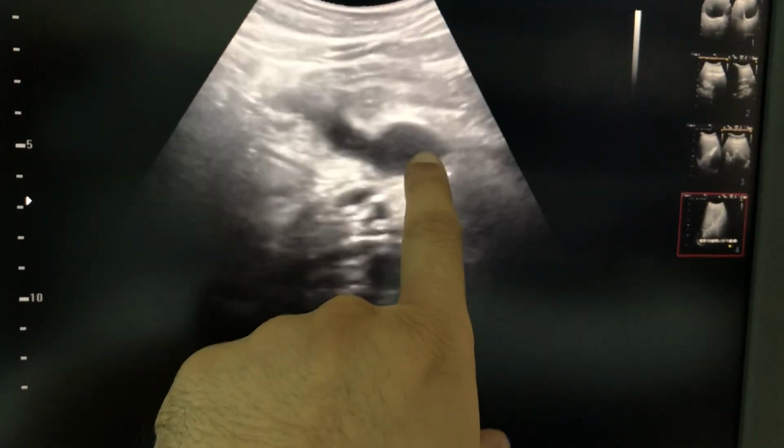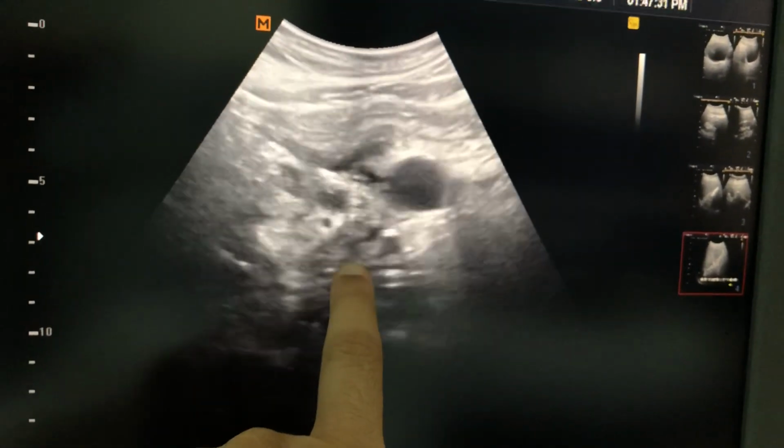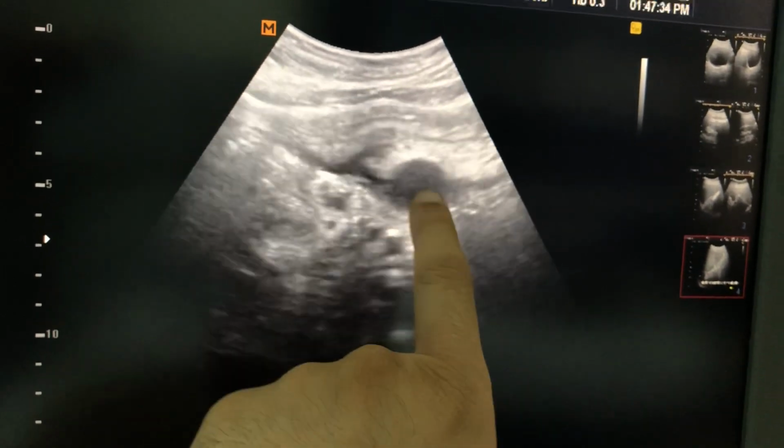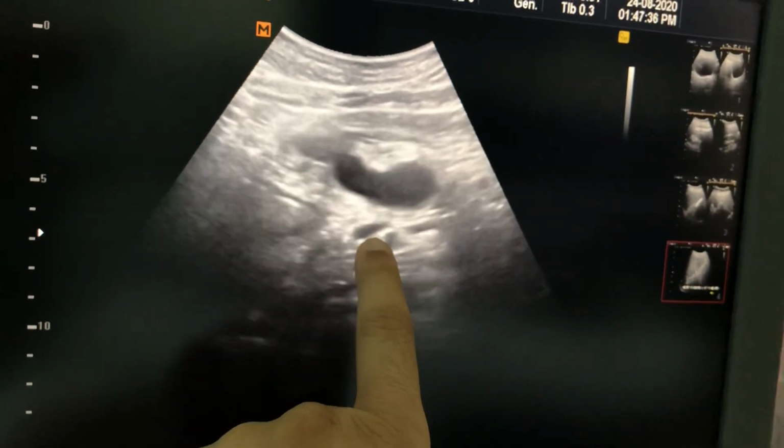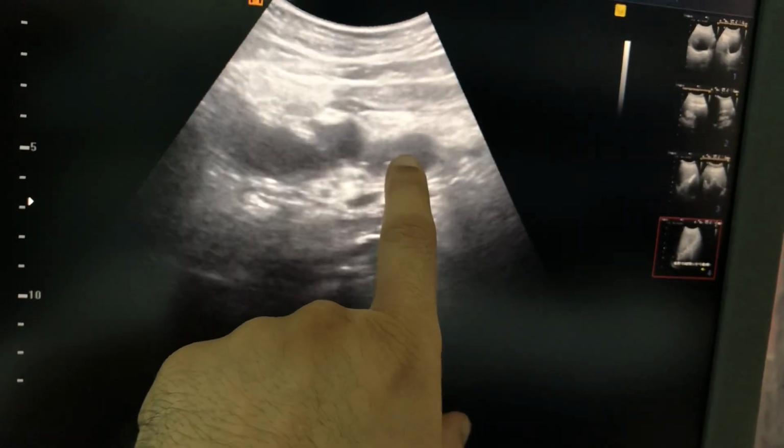And this inferior mesenteric vein is located above the pancreatic head. This is the portal vein. This is the inferior mesenteric vein.